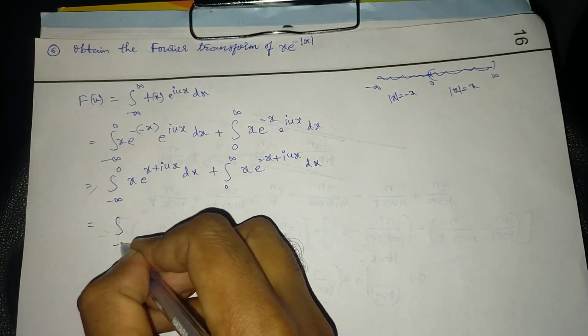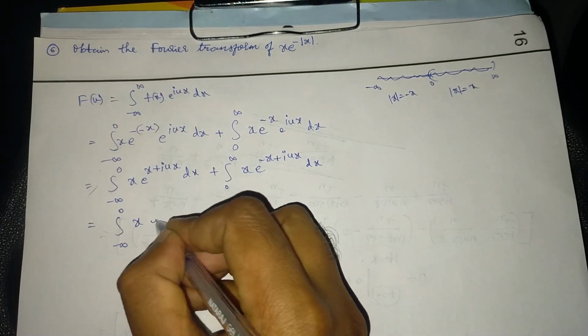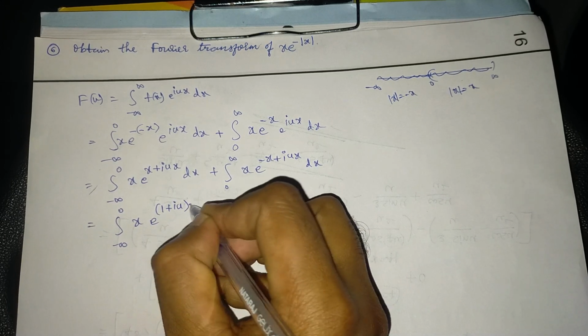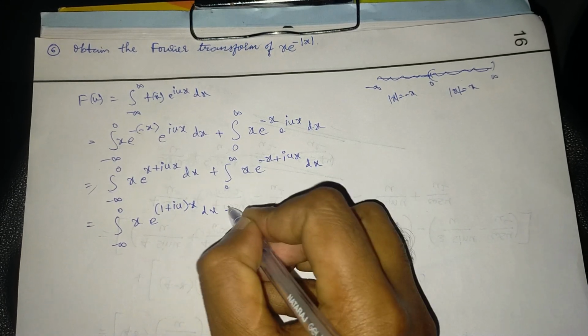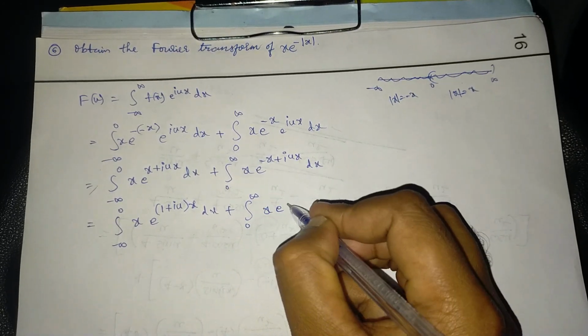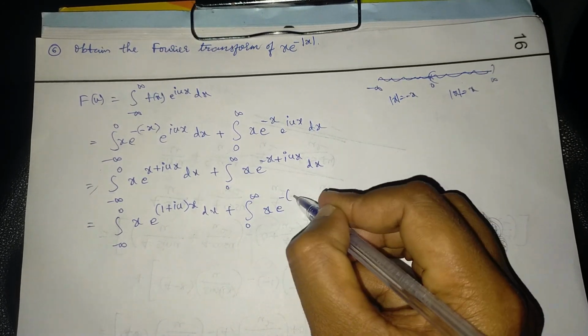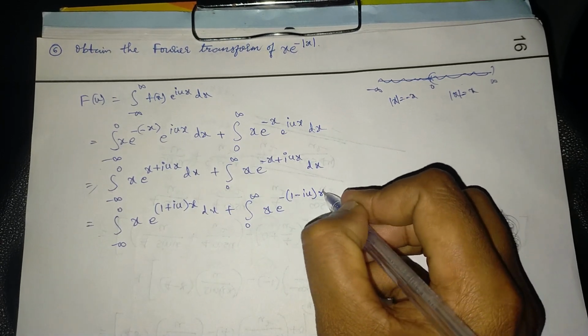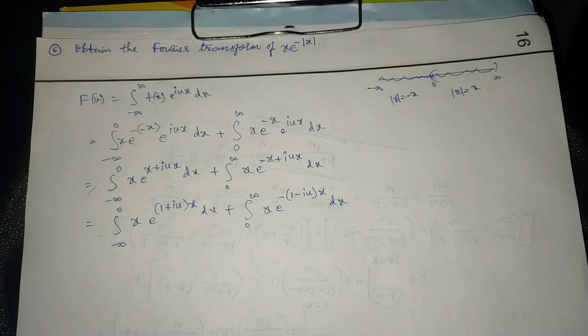So this is nothing but minus infinity to 0, x into e power, we can take x common, 1 plus i u into x into dx, plus 0 to infinity, x into e power, we can take minus x common, 1 minus i into u into x into dx.